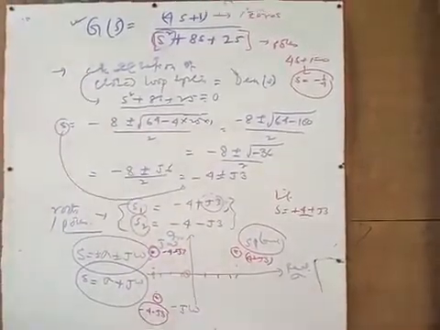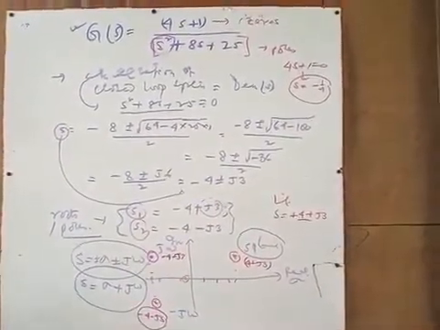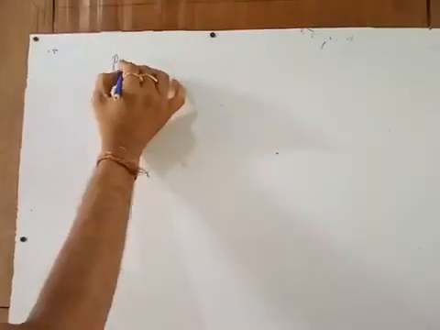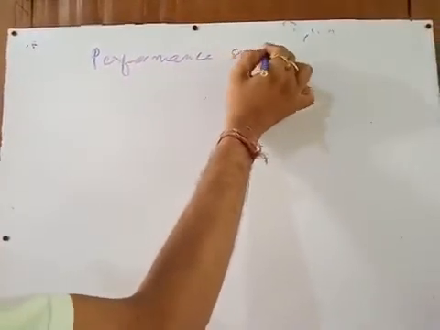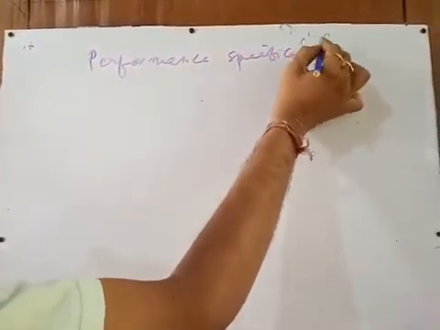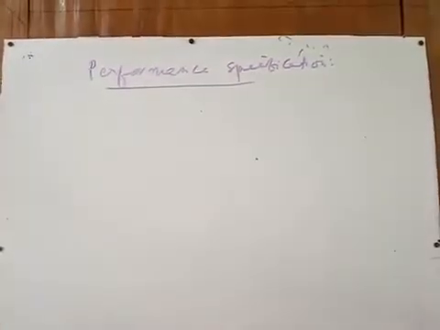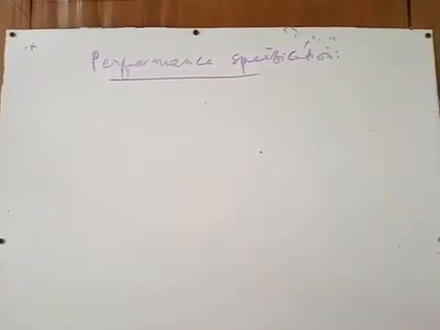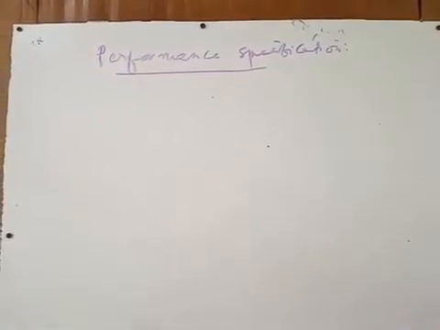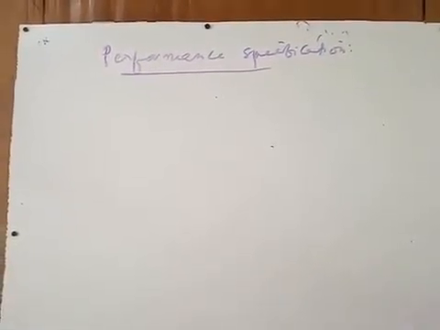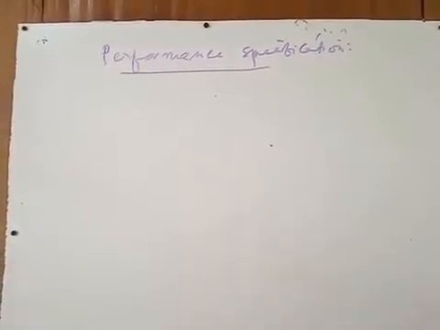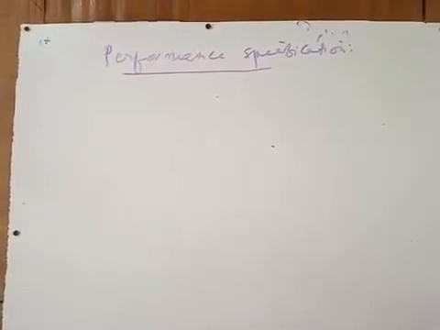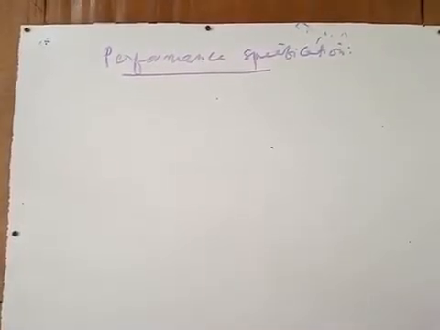Once you get the system description, the next part is the performance specification. I will discuss the defined performance specifications during the analysis of time domain performance specifications of any control system. So what are the defined types of performance specifications and how can they be obtained, right?